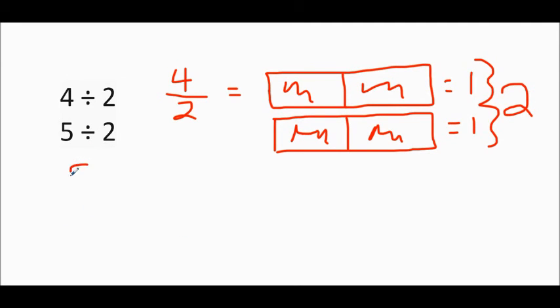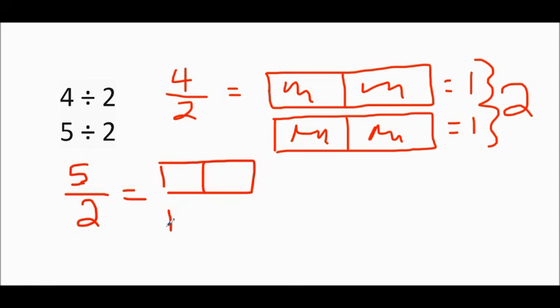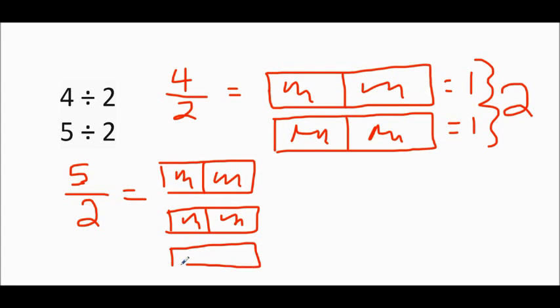If I take 5/2, same concept. Split my tape diagram up into what my denominator says, which is 2. Oh, and I'm only at 4 now, so I have to do 1 more. I shade that in.